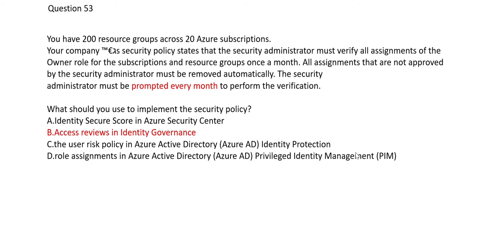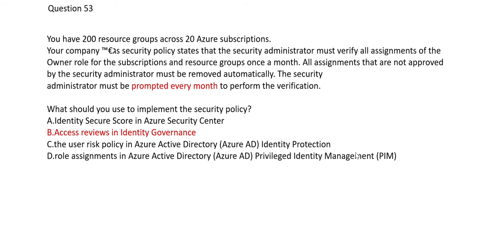Now consider a second scenario where 50 employees left the company this month. You already know attrition happens due to various reasons. Either it's forced attrition or people leave for better pastures elsewhere. If that is the case, then access review is also important because it will prompt on a regular basis for validation and verification.